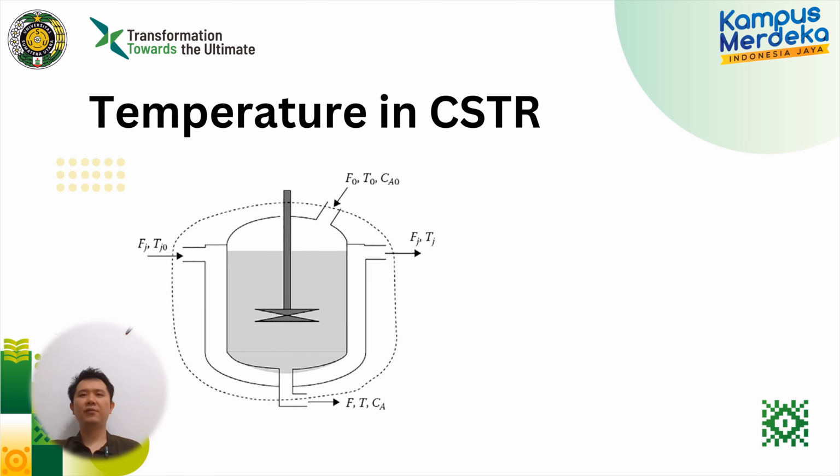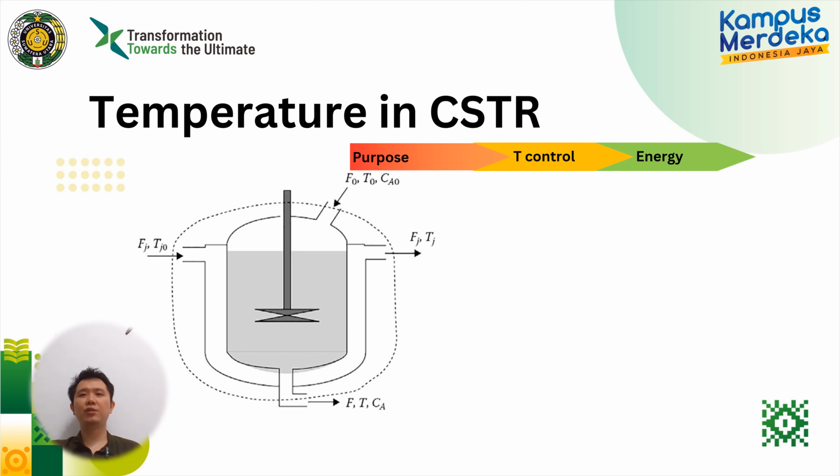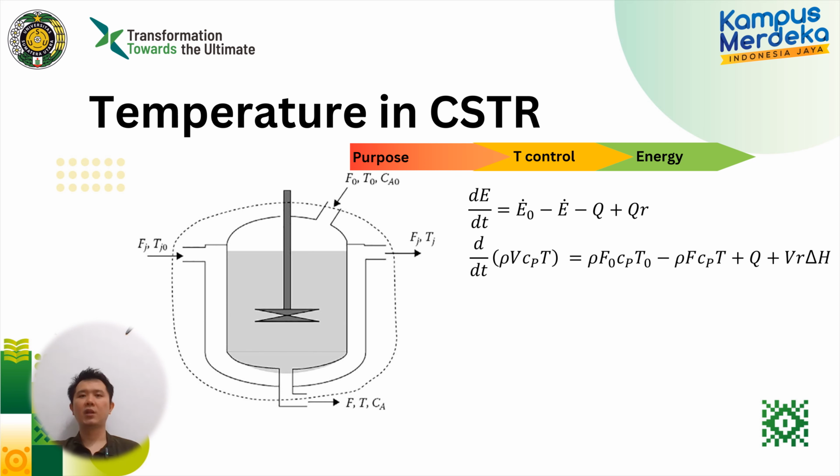Let's continue our previous example, and we need to control the temperature in CSTR. Our fundamental quantity will be energy. The control volume will be the entire tank, and we can assume that temperature in the tank is uniform. We construct the conservative law for energy. Substitute each term, like our previous example for energy balance.